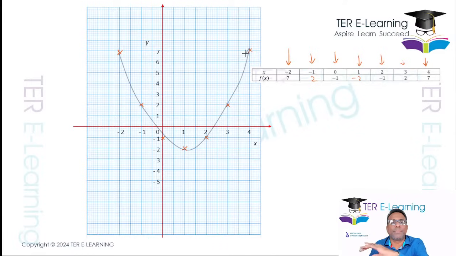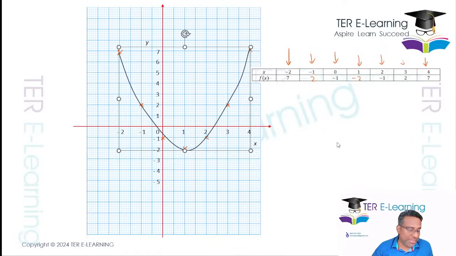I'm just going to stop there, but basically you have to draw a smooth curve passing through all of these points.